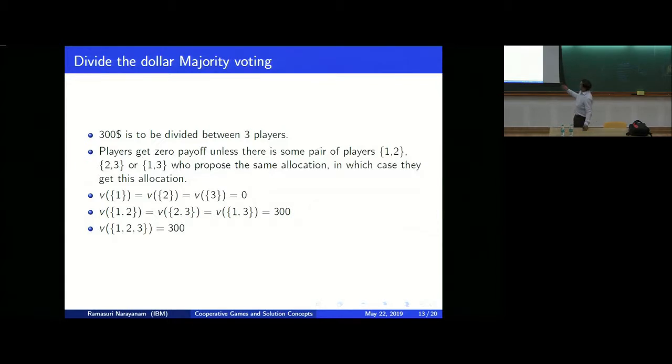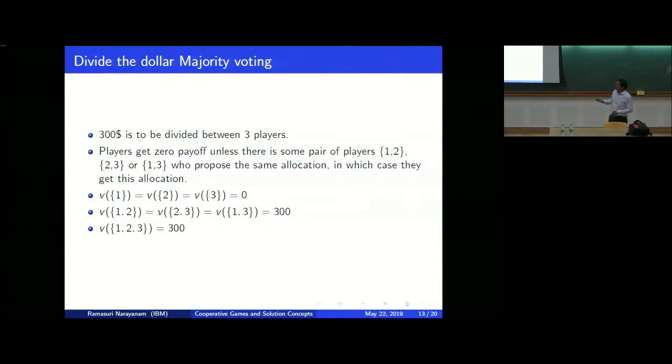So what does this mean? Any one pair should propose the same allocation, then players get that allocation.